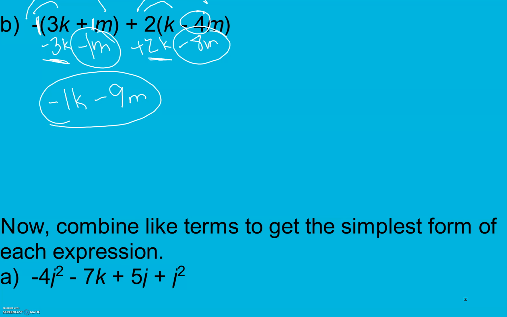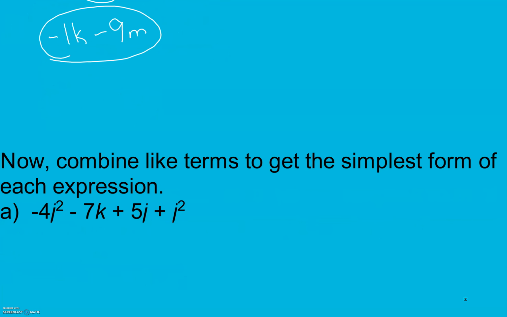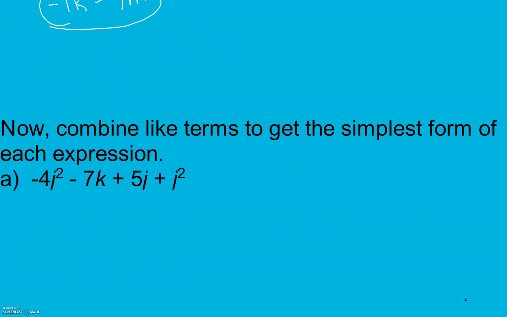Let's try A here. I have negative 4j squared minus 7k plus 5j plus j squared. So j squared, see if we have any more. I do. I have a k but no more k's, and I have a single j to the first power. Okay, that cannot go with my j squareds. Those are not exactly the same.